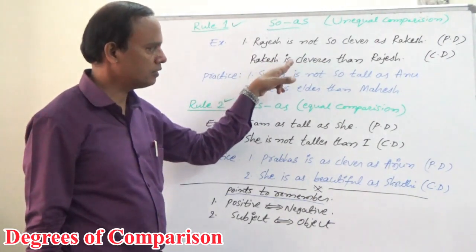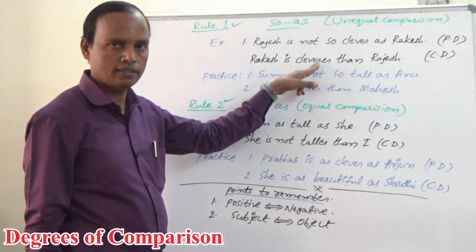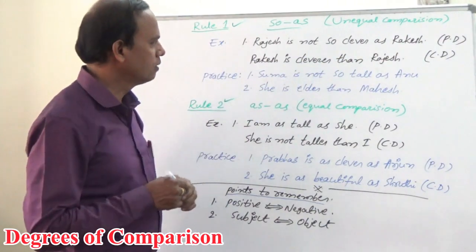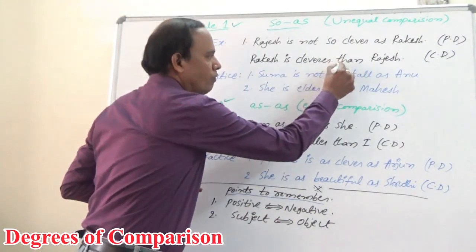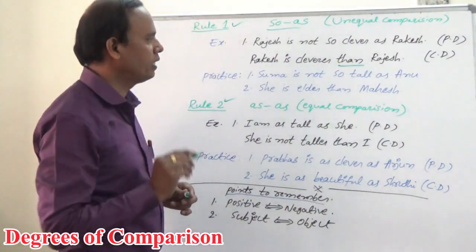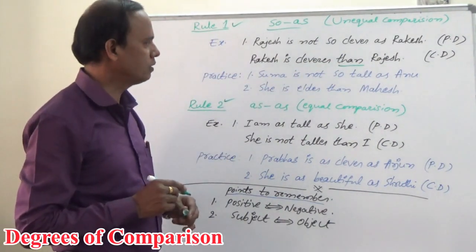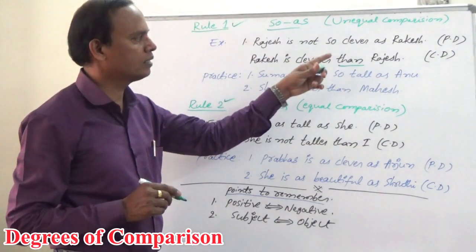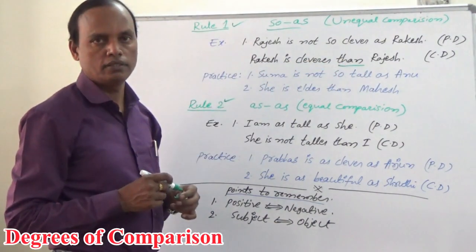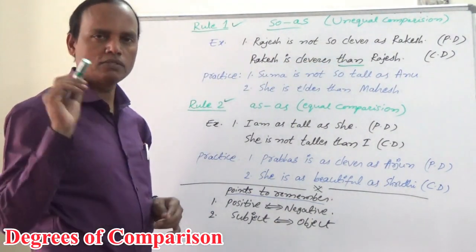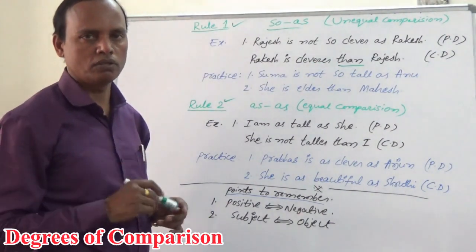So Rakesh is cleverer than. Don't forget, students, whenever a comparative word comes, "than" follows. Rakesh is cleverer than Rajesh. It is very simple if you follow the rules.